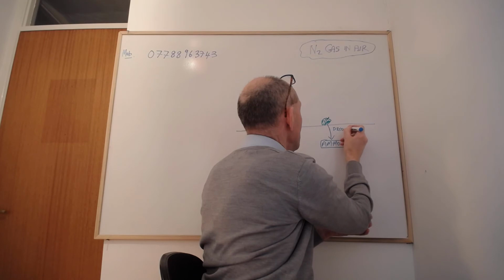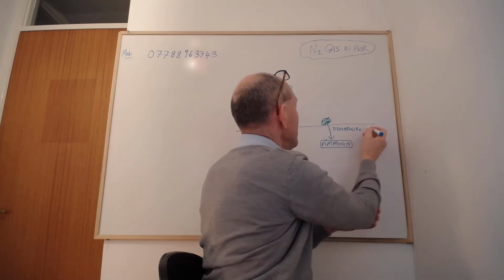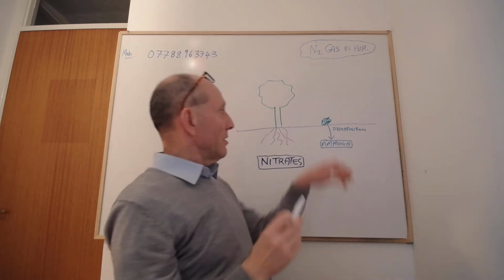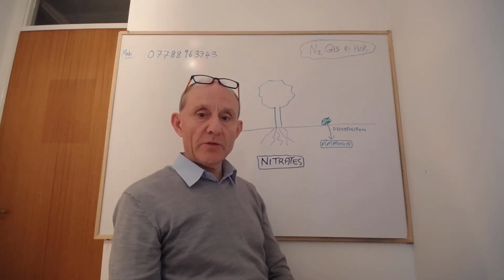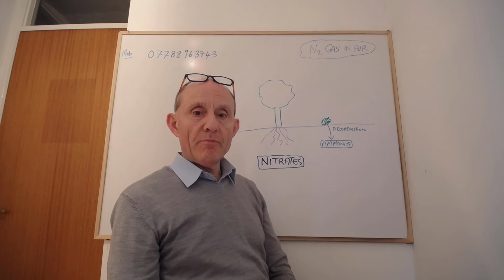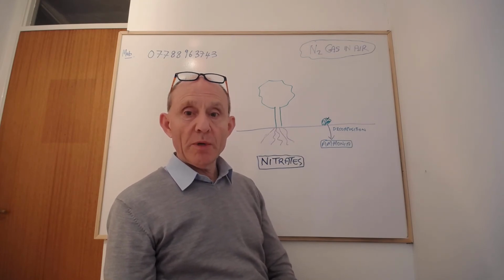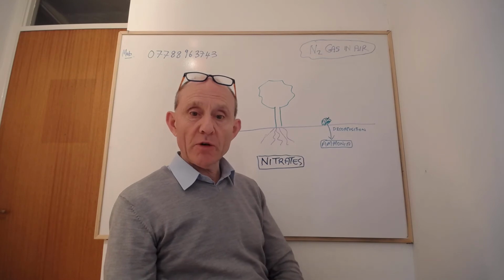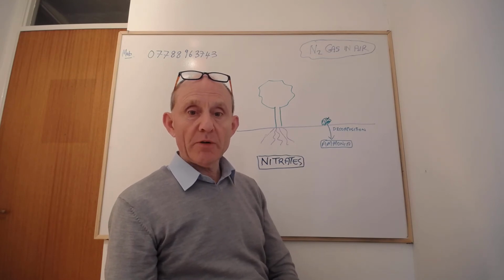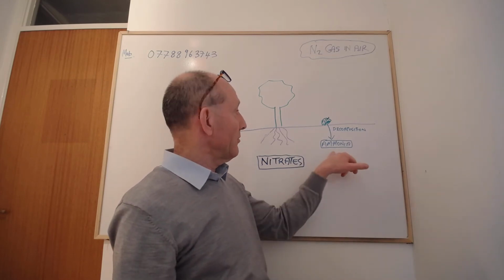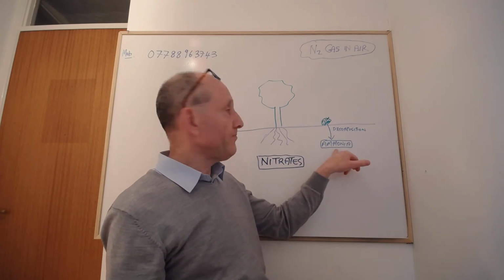I'd rather write decay because it's easier to write, but decomposition is carried out by microbes, decay microbes, you can call them decomposers. Basically, they are microscopic bacteria and fungi. And the product of decomposition is ammonia.